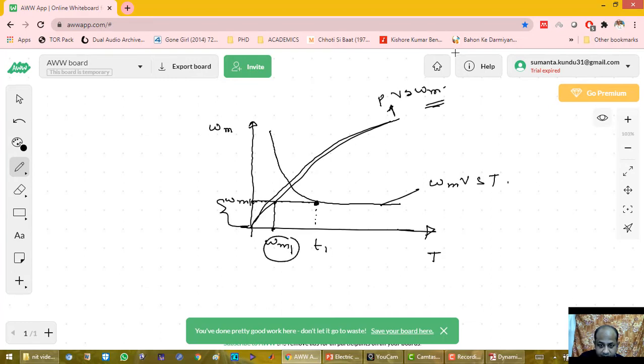For that omega m1, from here we will get the value of power. Okay, so what we will do, we will plot p versus t curve.